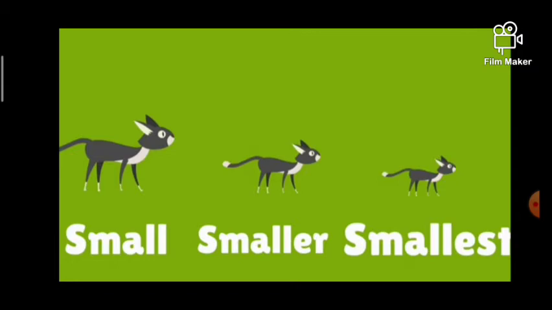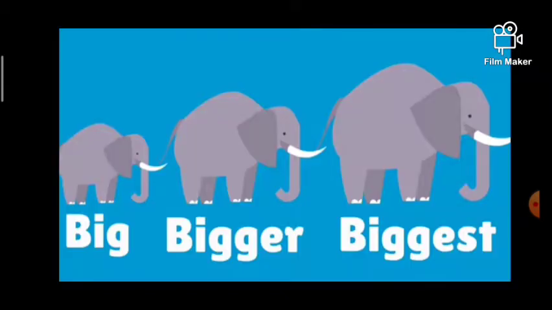So you can see we are doing comparison of more than two pictures. Here three are there. Now the next: big, bigger, biggest. Here also BIGGER, bigger. We are doing comparison with more than two.